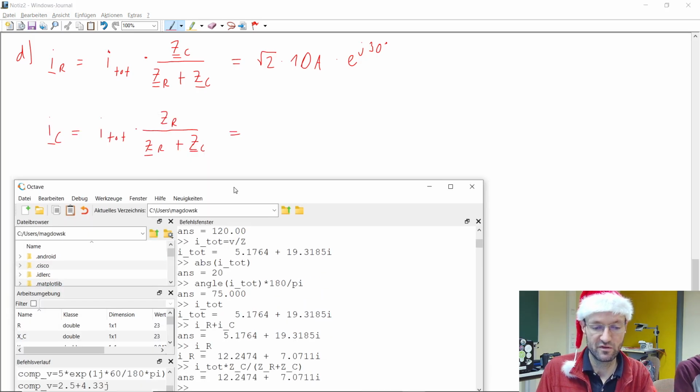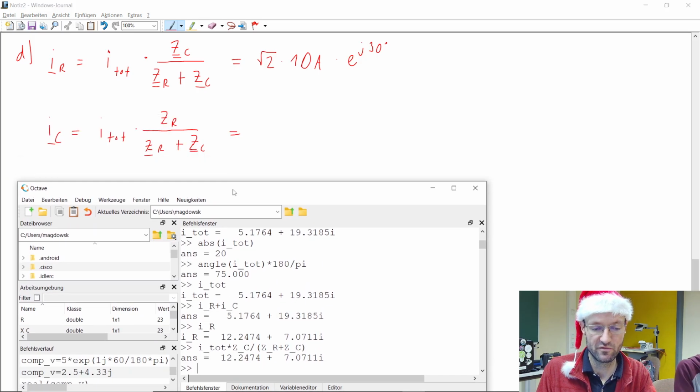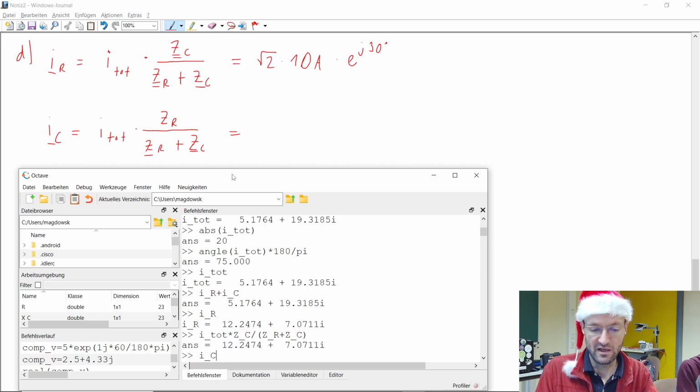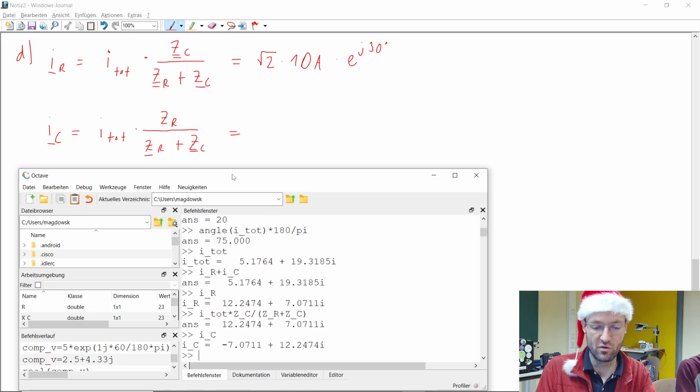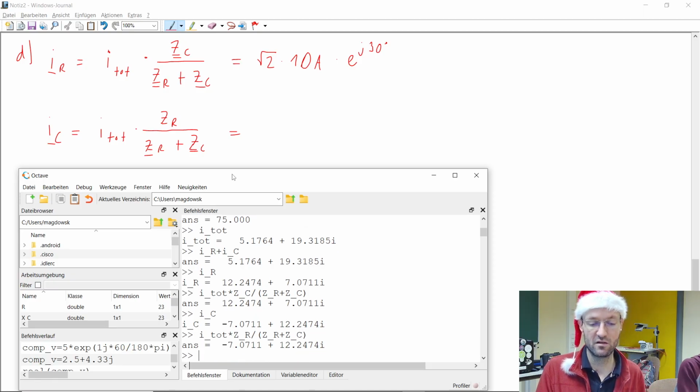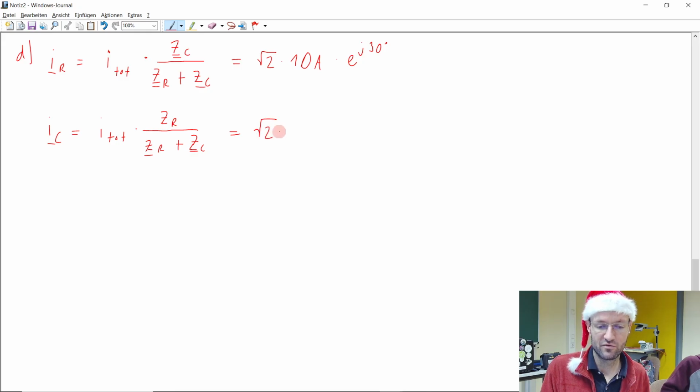And if I once again do the calculation here in Octave, I see this is the current that we had before. And so now if I take my current divider rule and just change the ZC into ZR, we see we also get the very same value there. So it's also square root of 2 multiplied with 10 ampere multiplied with e^(j120 degrees).